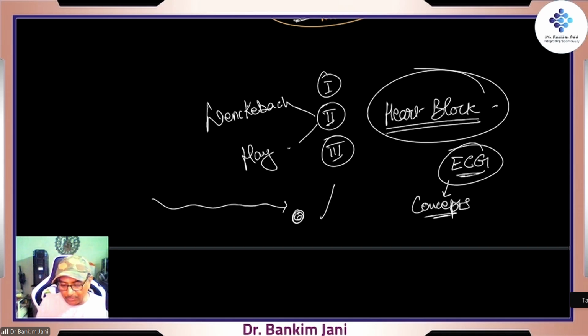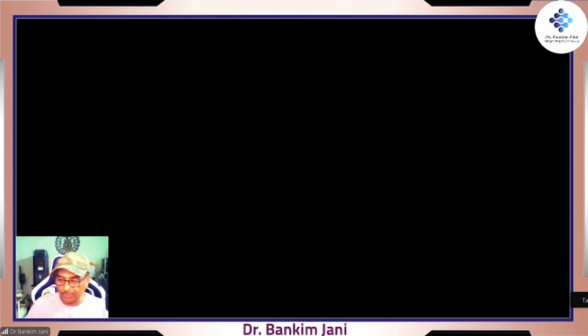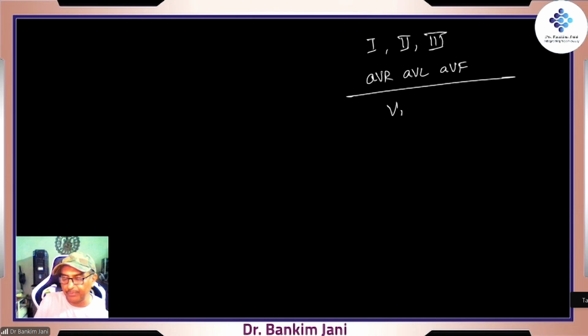When the current goes away from the electrode, it gives a negative deflection. And just this much you should really know: what is lead 1, lead 2, lead 3, then aVR, aVL, and aVF, and V1 to V6. These are the 12 leads.